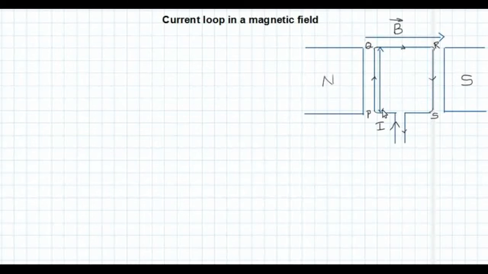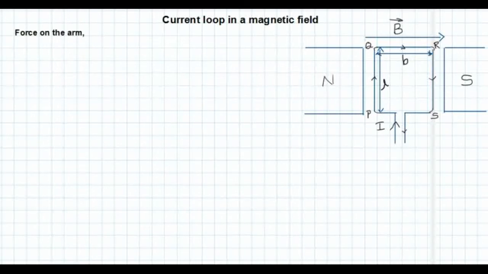This arm represents PQ, and the RS arm will represent the length of the coil, and we may write it as L. Then QR and PS represent the breadth of the rectangular coil.